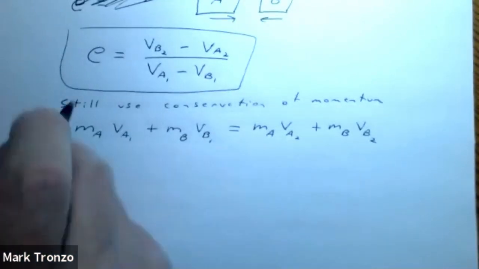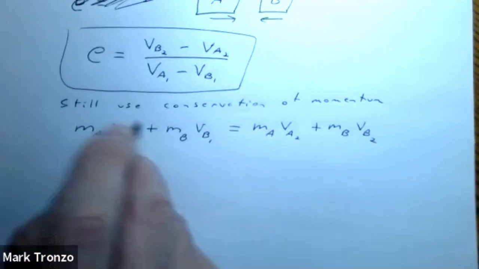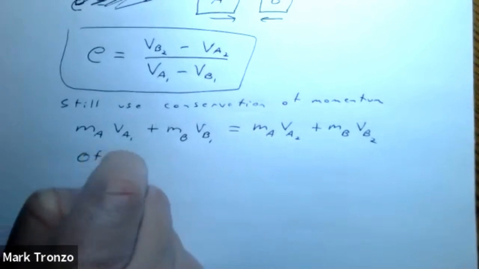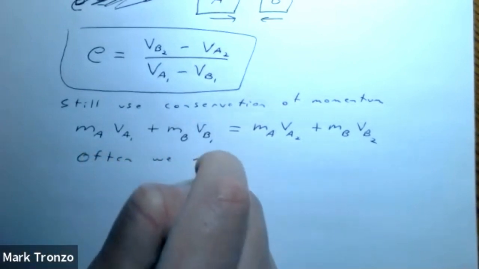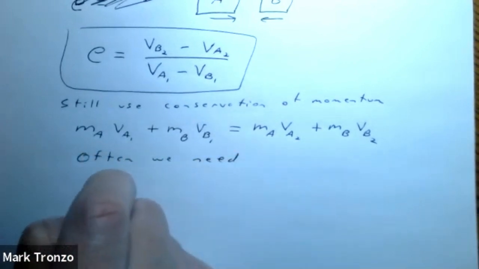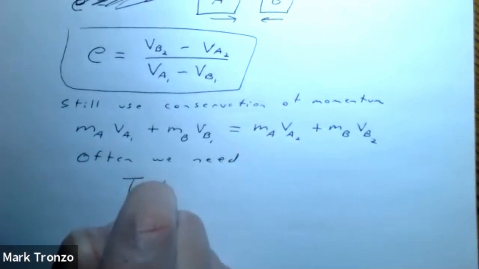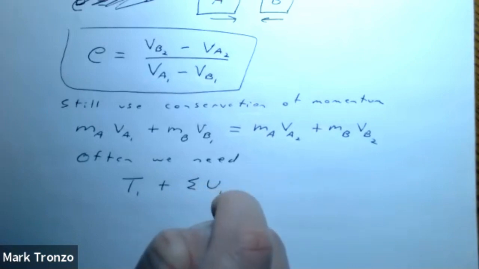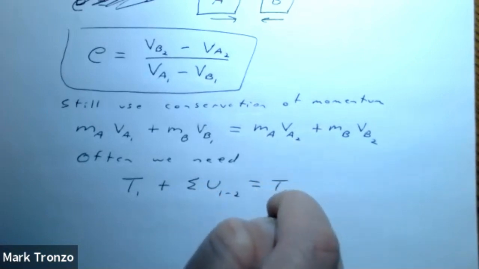Keep that in mind, that was from the last section. Also, often we'll need work energy. Remember, work energy was T1 plus the summation of the work from 1 to 2 equals T2.